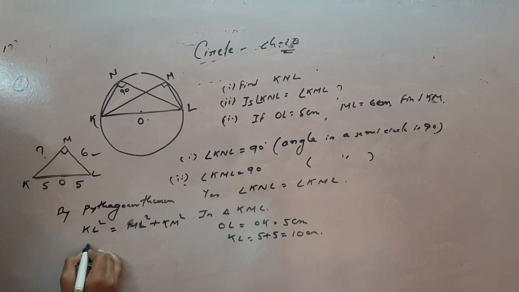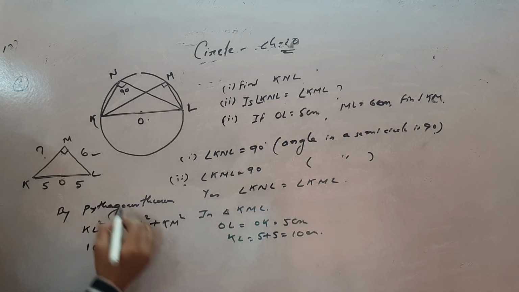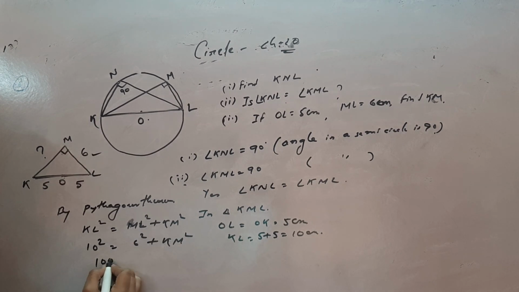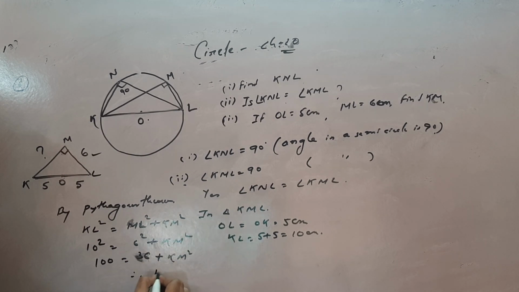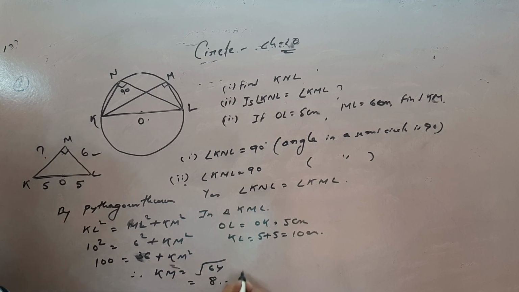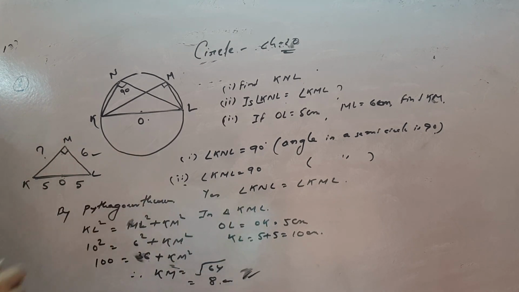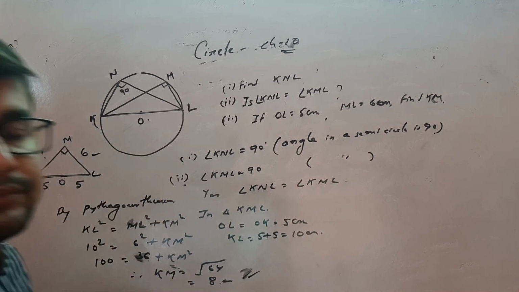In place of KL we write 10 square, ML is given 6 square, and KM square. So this is 100 minus 36 equals KM square. Therefore KM equals root under 64, because 100 minus 36 is 64. When there is a square, we take the square root, so 8. So the answer is KM is 8 centimeters. Third part is also completed. Okay, not wrong.